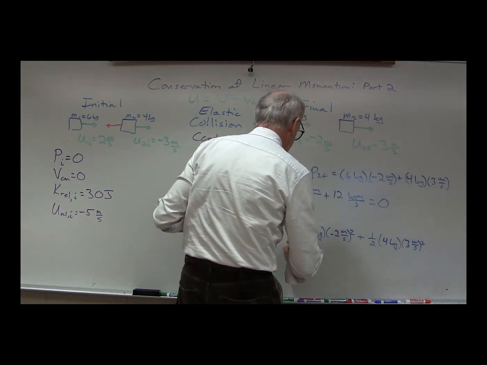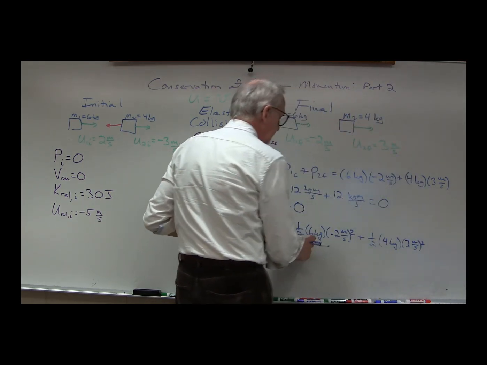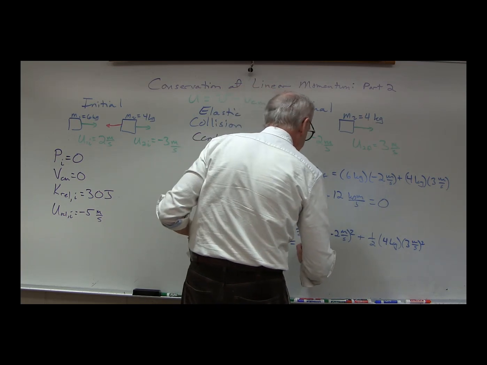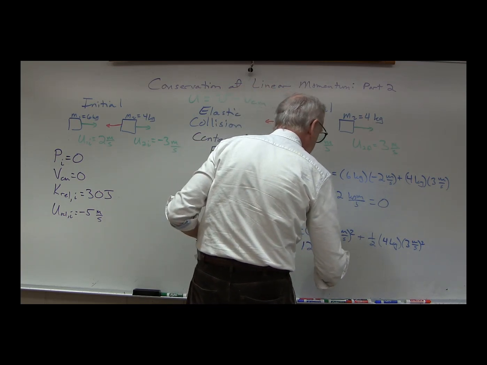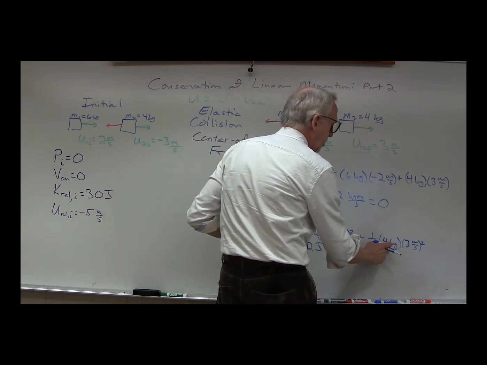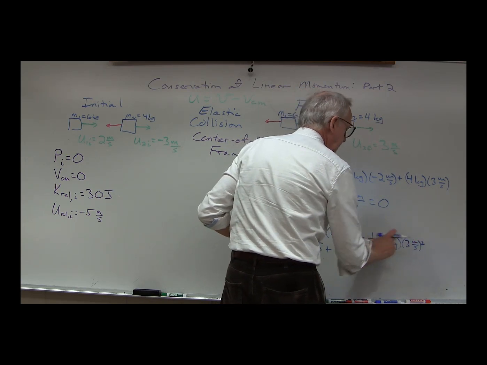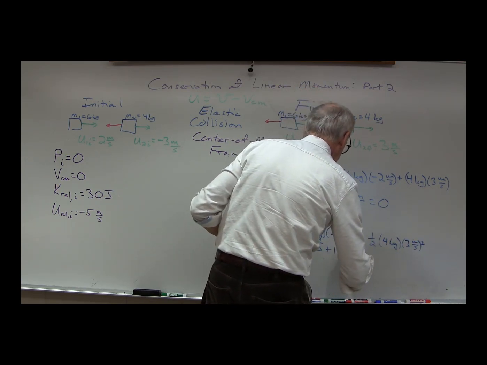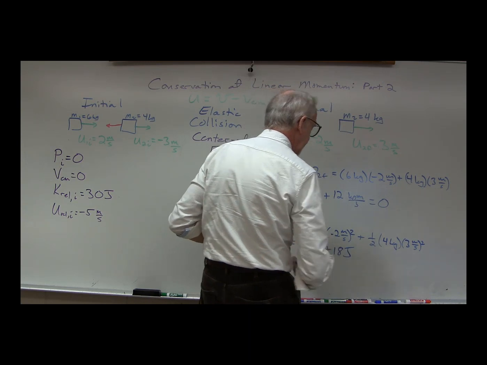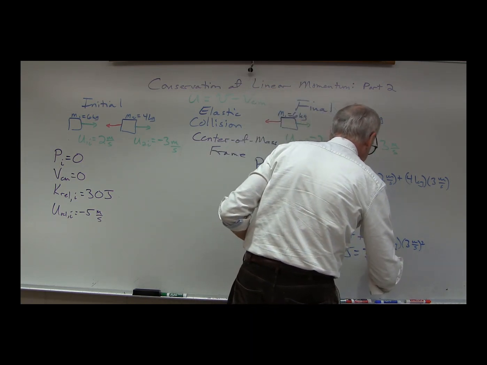And what do we get? 1/2 times 6 is 3, times 4 is 12 joules, plus 1/2 times 4 is 2, 3 squared is 9, 2 times 9 is 18 joules. 12 joules plus 18 joules is 30 joules.